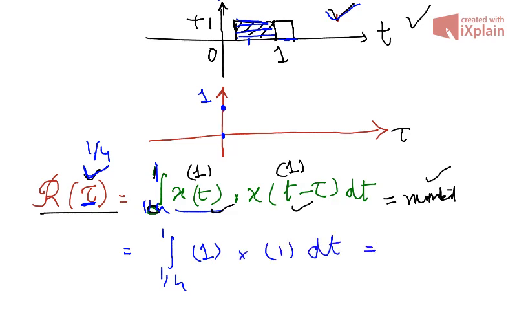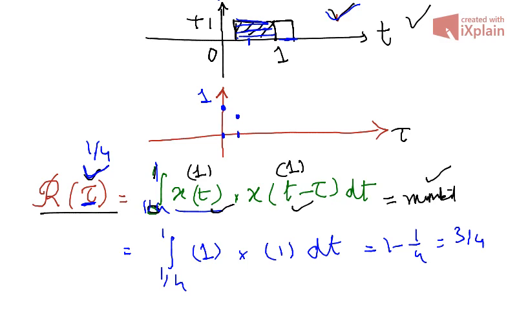If you solve it, you will get 1 minus 1 over 4, which is 3 over 4. So your next point, taken at 1 over 4, is actually 3 over 4, which should be somewhere here, approximately.